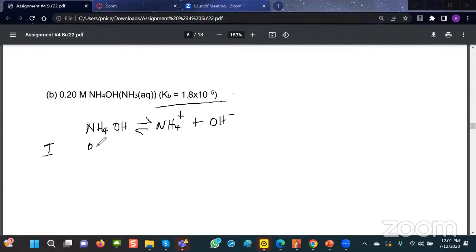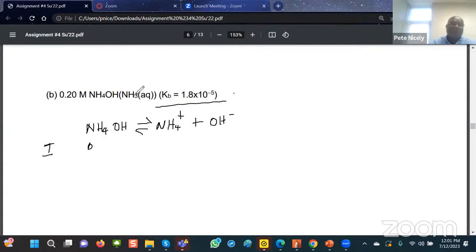What about the NH3 in parentheses? Oh, okay. Very good question. So you can use this representation as well as this representation to represent the same thing, which is ammonia dissolved in water. Now, I decided to use this here to show the dissociation.